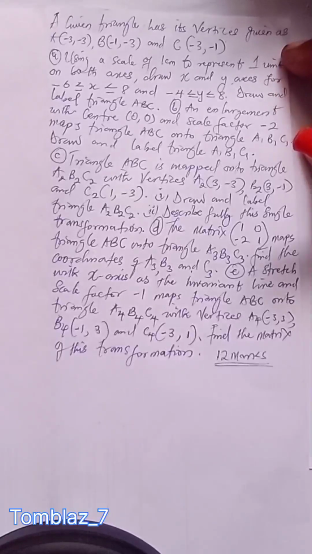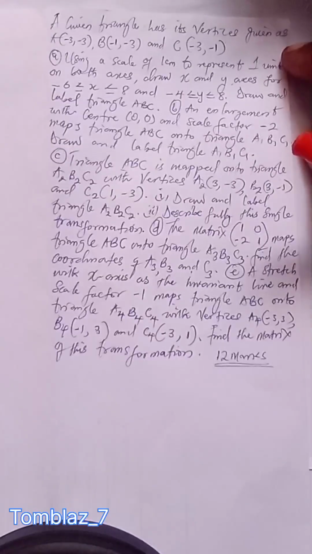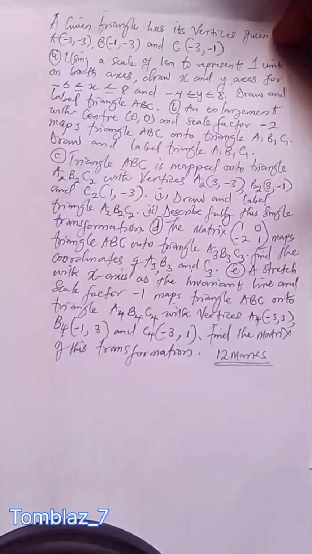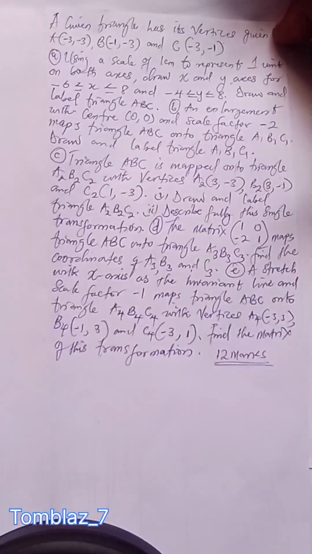B, an enlargement with center 0, 0 and scale factor minus 2 maps triangle ABC onto triangle A1, B1, C1. Now you have to draw and label triangle A1, B1, and C1.